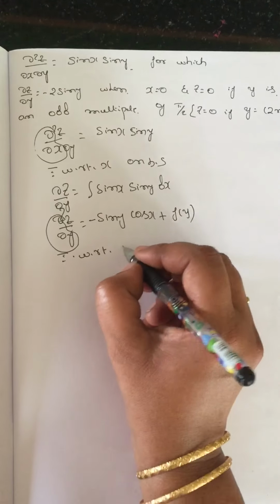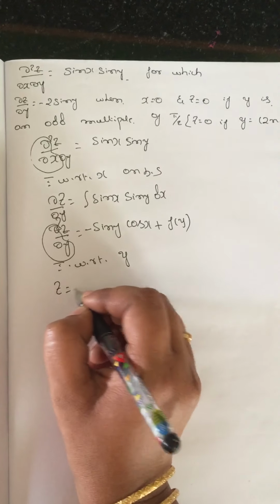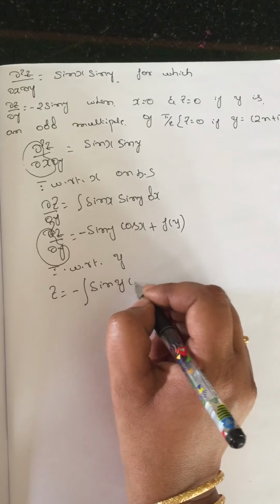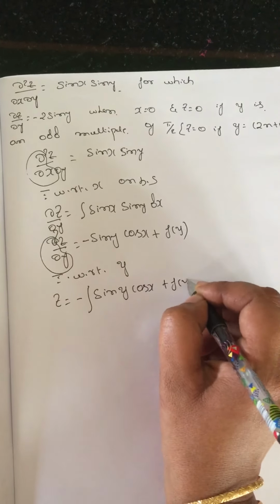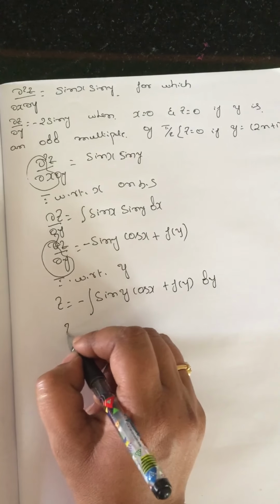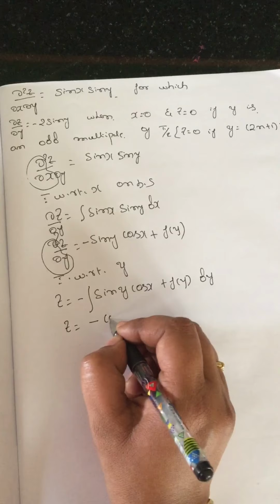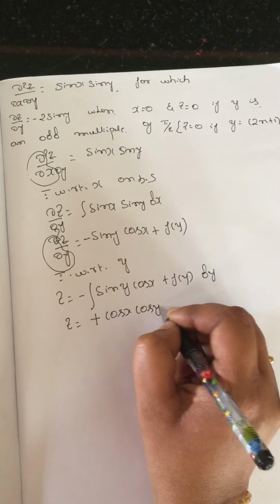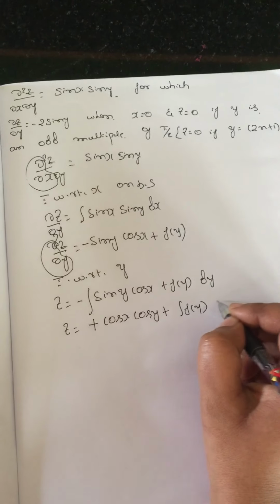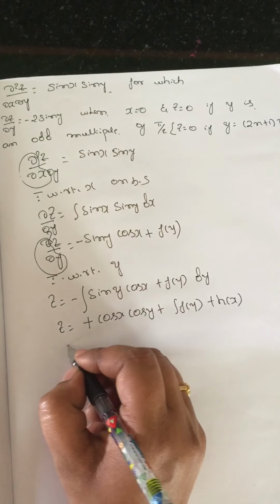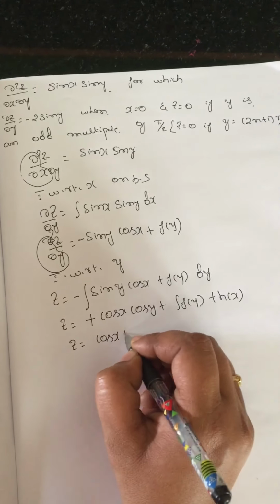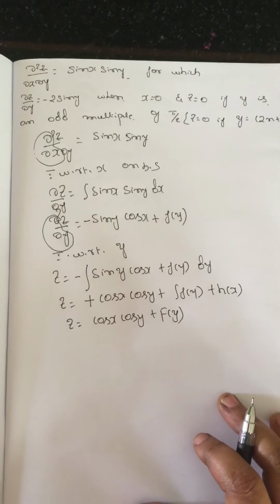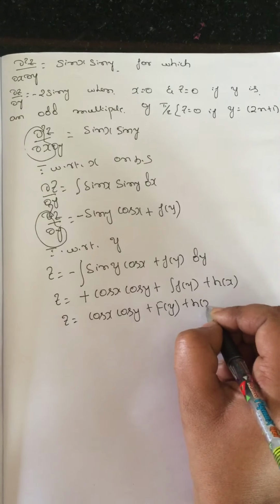That is z is equal to the integral of minus sin y into cos x plus f of y, dy. Here cos x is constant, and the integral of sin y is minus cos y; minus into minus becomes plus. So z is equal to cos x into cos y plus the integral of f of y, which can be written as capital F of y, plus h of x.